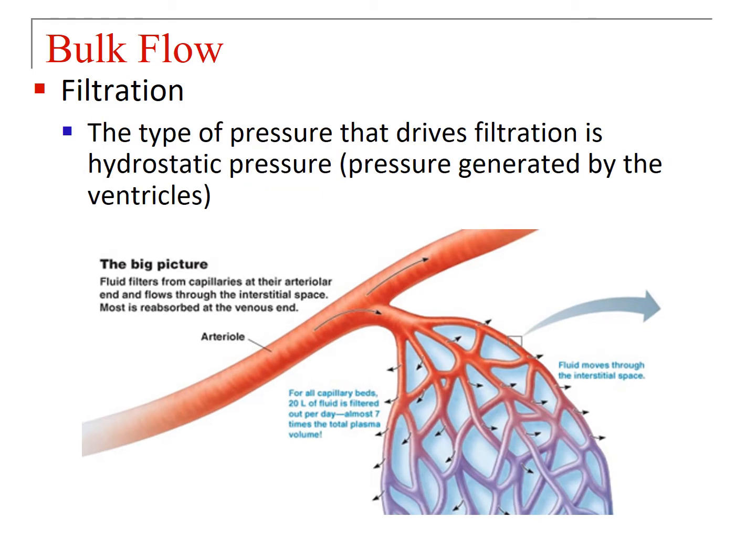How do you generate the pressure that's used in filtration? Well, it's hydrostatic pressure, movement of fluid, and this pressure is actually generated by the ventricles. Most commonly the left ventricle, because it's involved in circulating blood around the systemic circuit as opposed to the pulmonary circuit.